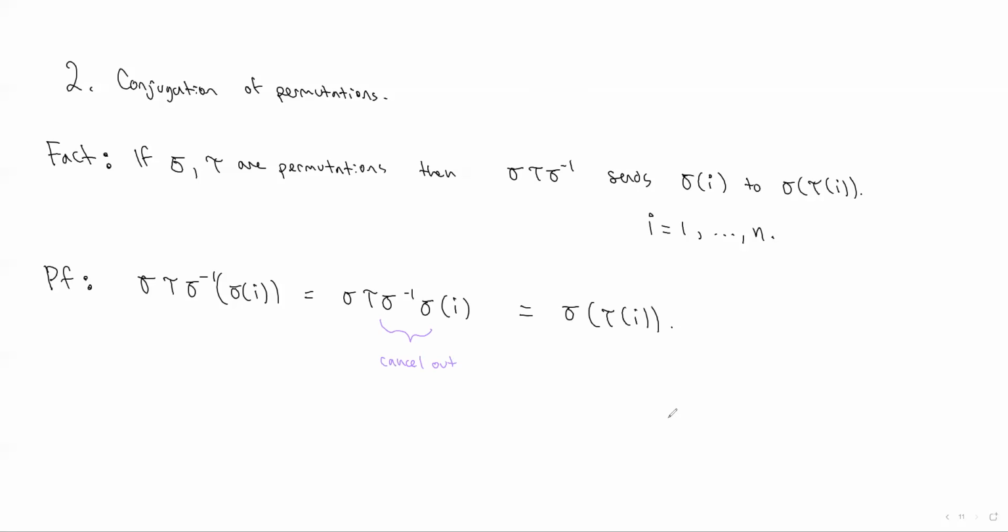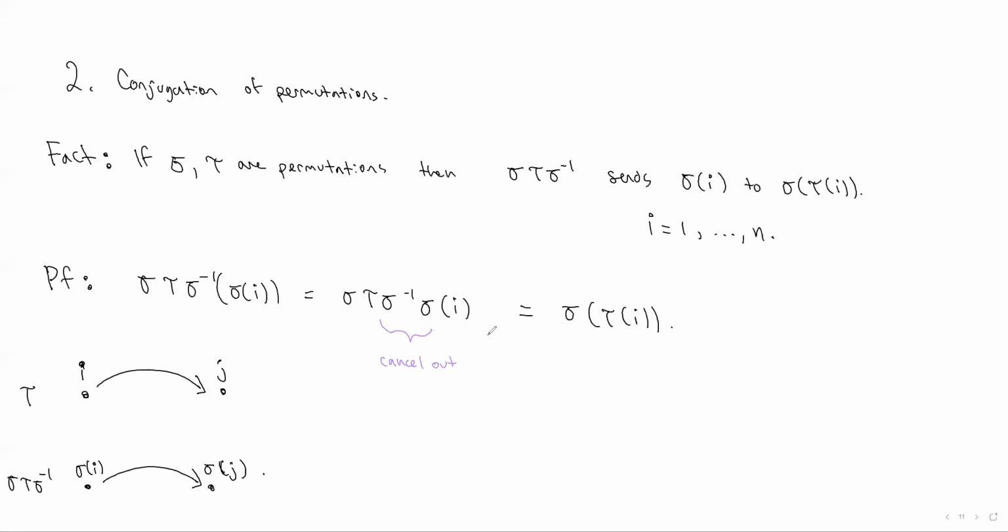And what this means is whatever tau does, sigma tau sigma inverse does, but just shifted by sigma. So like if tau sends i to j, then sigma tau sigma inverse sends sigma of i to sigma of j. In particular, it's really easy to find the cycle decomposition of sigma tau sigma inverse.